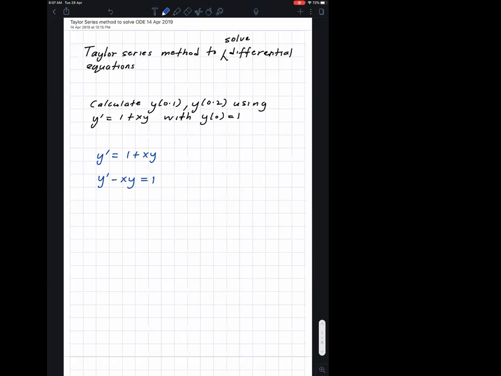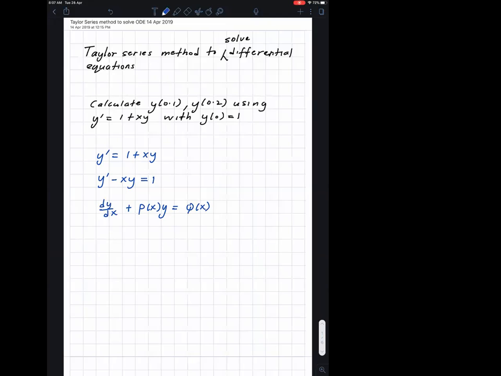I don't know if you remember the integration factor method: dy/dx plus p(x)y equals q(x). Using this method you can solve it. You should have learned this in your previous mathematics class.